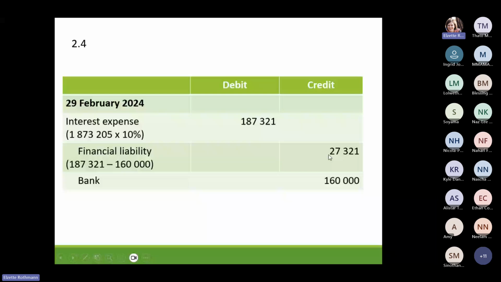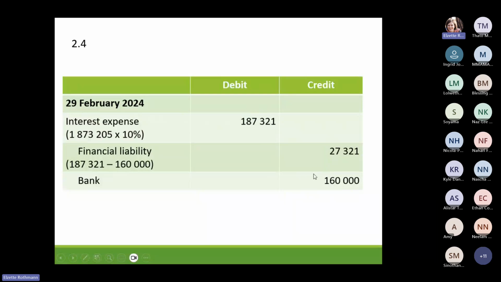This 27,321 is also on your calculator. All this can just be your balancing figure, because the credit of 160,000, that's your payment. Okay, so you have your interest, you have your payment.